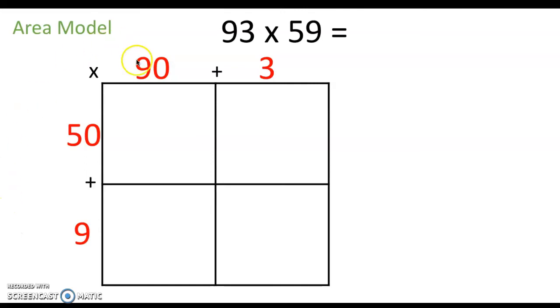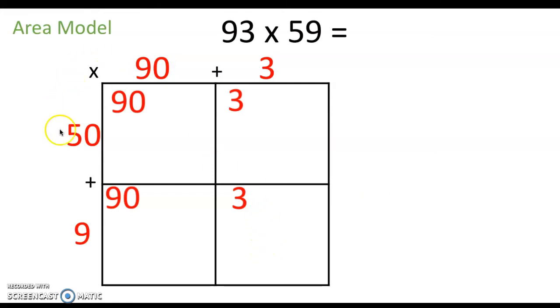So first, I will start off with my 90. And I'm going to trace with my finger which boxes it goes in. So 90 goes down, and it will also go down here. My 3 will go down and down.